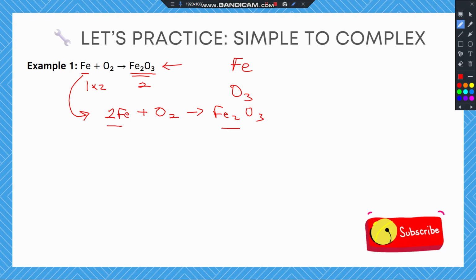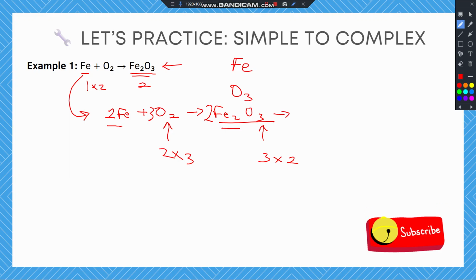on the left and on the right, oxygen is not balanced, because we have 2 atoms of oxygen on the left and 3 atoms of oxygen on the right. So how do we make them balanced? We simply say this 2 multiplied by 3 and this 3 multiplied by 2. So that means we'll add a coefficient of 3 in front of oxygen here and put a coefficient of 2 in front of this compound over here to make oxygen balanced.